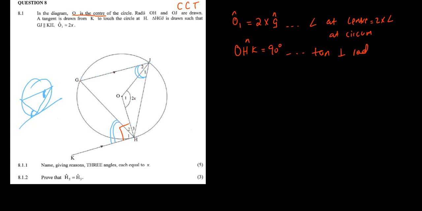You see, if you're focusing on GH as the chord, check the angle that is formed by GH at the circumference. Exactly, because the 2 points are coming from the chord itself. Then they form an angle at the circumference. That's the one you look at. Are we okay with that?